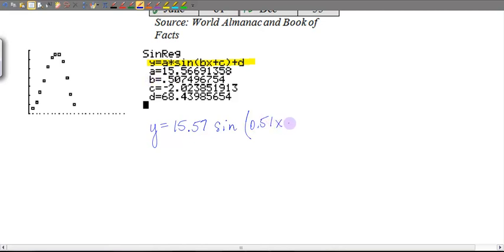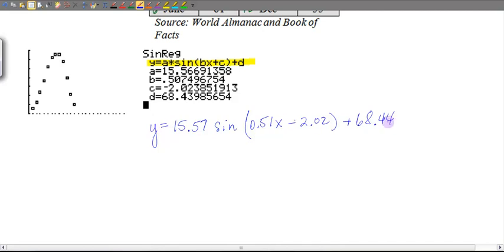Then we have x plus c, which is a -2, so it's going to be minus 2.02. Now let's add the d, which was the vertical shift, plus 68.44.